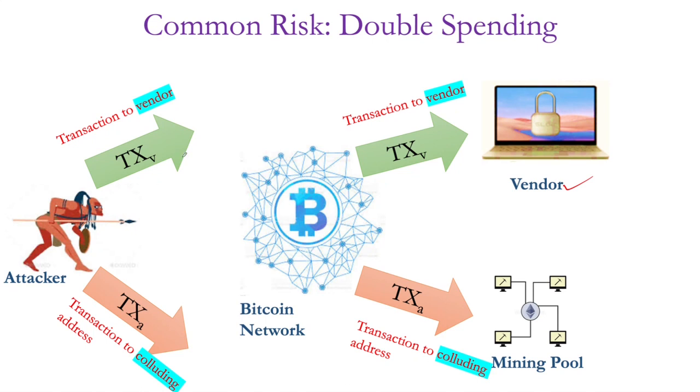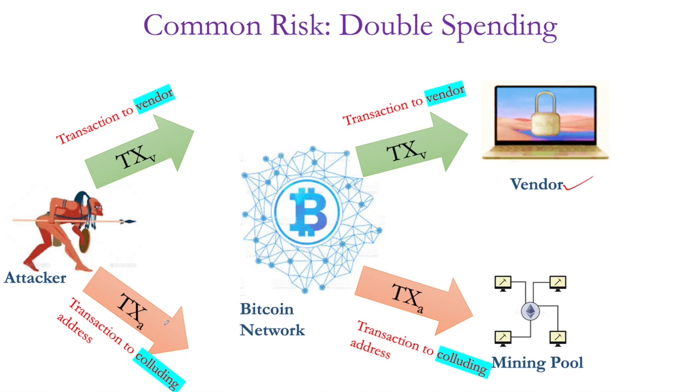One is TXV and one is TXA. These choose the same Bitcoin, that is cryptocurrency, as inputs for transaction V and transaction A. Transaction V's recipient address is set to the targeted vendor address, and transaction A's recipient address is set to the colluding address controlled by the attacker.